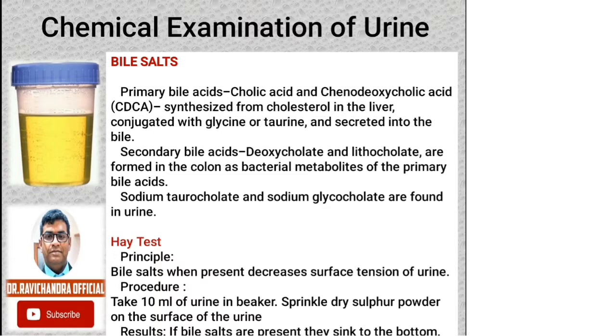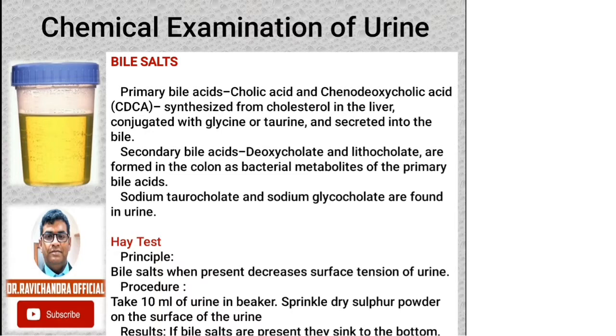They are conjugated with glycine or taurine and are secreted into the bile. The secondary bile acids are deoxycholate and lithocholate, which are formed in the colon as bacterial metabolites of primary bile acids. Sodium taurocholate and sodium glycocholate are found in the urine.